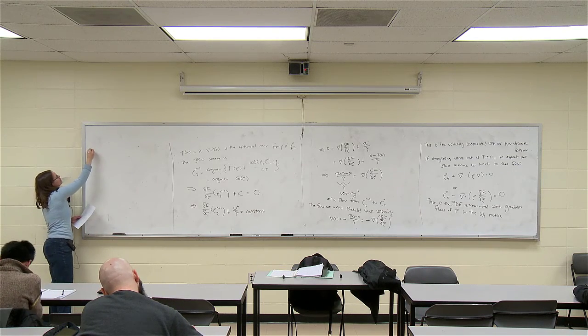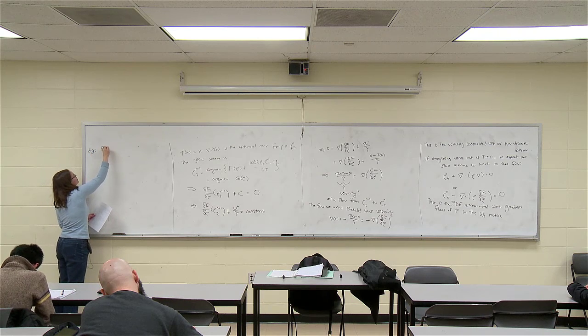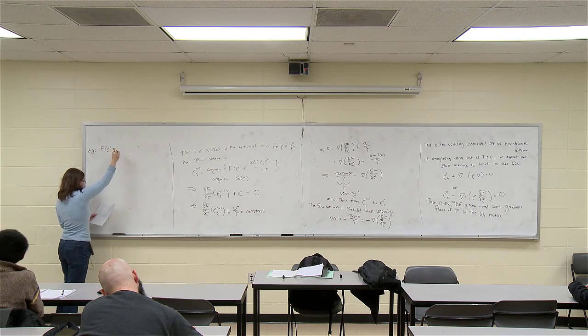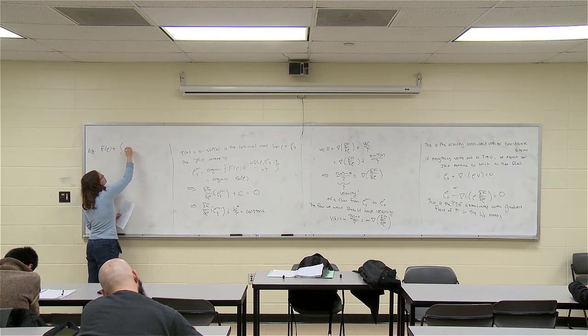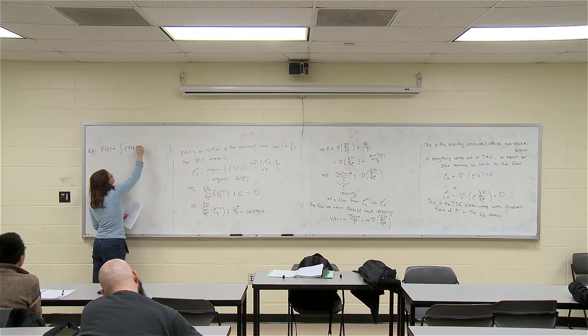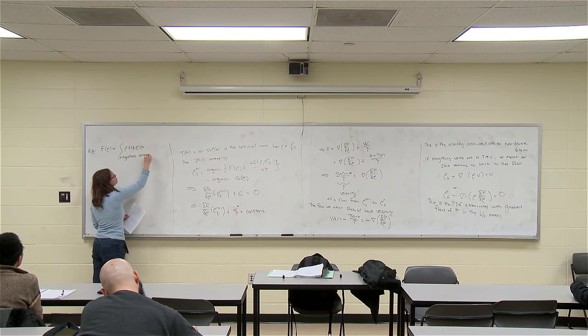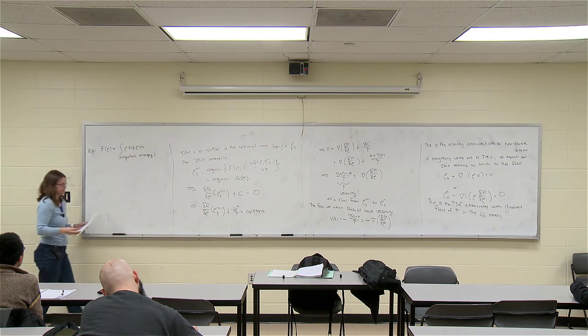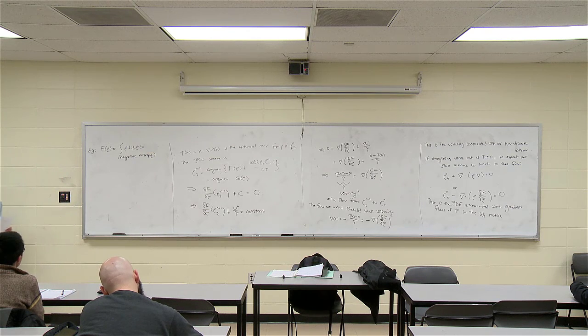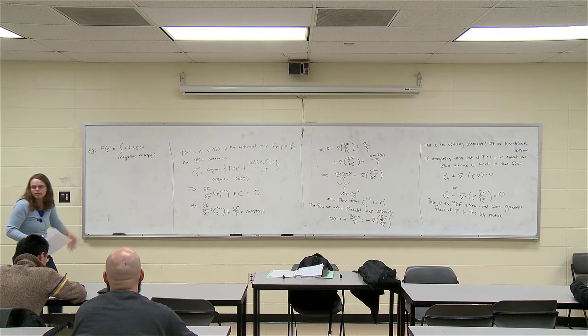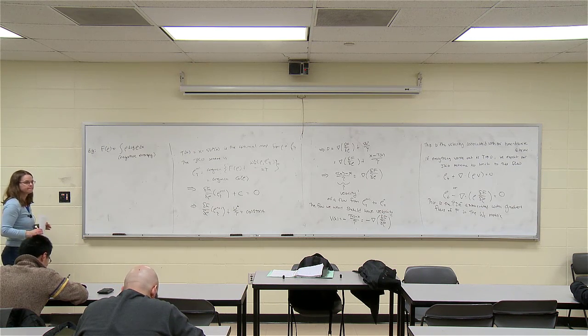So here's a simple example. Let's take F of rho to be something we've seen before: the integral of rho log rho. Right, this is negative entropy. So we're trying to find a flow that minimizes the negative entropy, in other words, that maximizes the entropy.